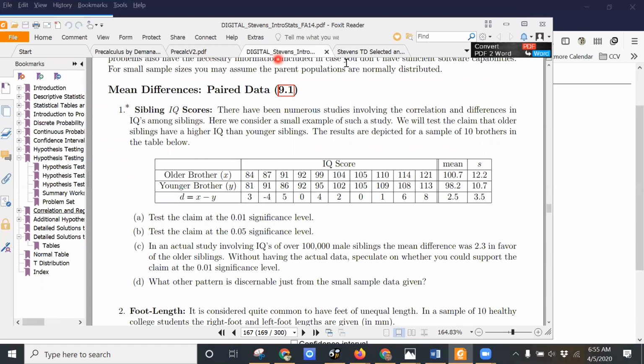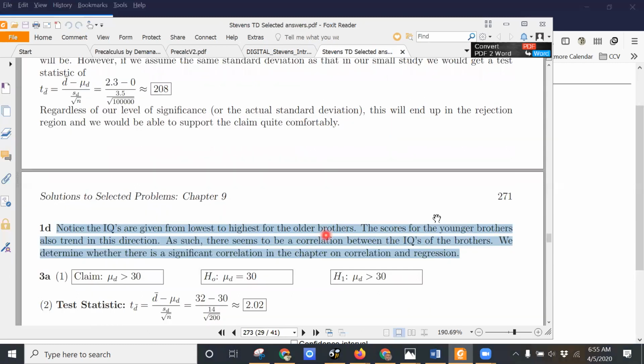Let's see what Dr. Stevens says. He says IQ is given lowest to highest for the older brothers, and the younger brothers also score in this direction. As such, there seems to be a correlation between the IQs of the brothers. I don't know quite why he's doing that, but this just goes into that whole idea that these are dependent samples.